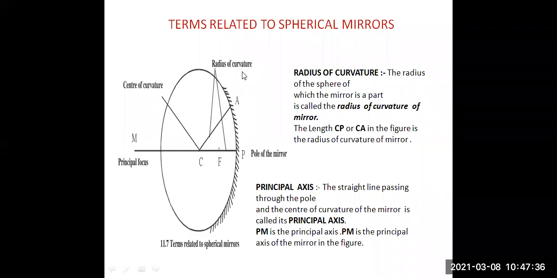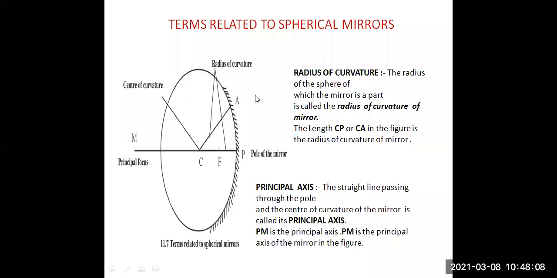This is the radius of curvature, CA and CP. Each and every term is required to study how we obtain the images in a concave mirror as well as in a convex mirror. So pay attention, try to identify the letters denoted in the diagram, relate them and remember what the names are and how they are specified.